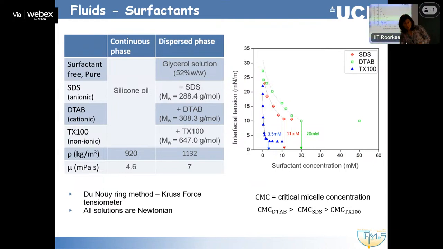So a little bit about surfactants, and I mention those here, not that you can remember them, but just to show you what we are interested in when we are looking at surfactants. Some of the work I'll show you has used these three surfactants, SDS, DTAB, and this is Triton, TX100. Our aqueous phase was water. In some cases, we're adding glycerol because we're trying to bring the refractive indexes close to each other.